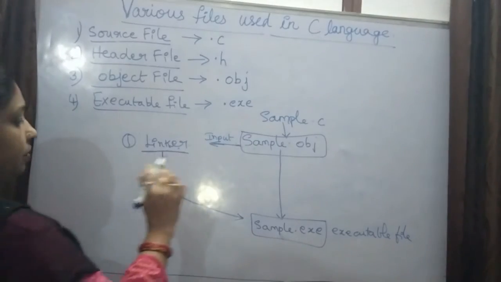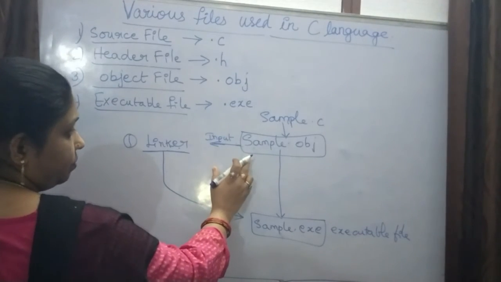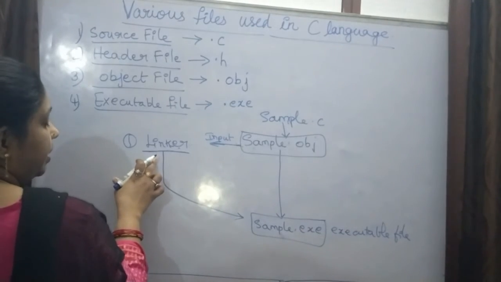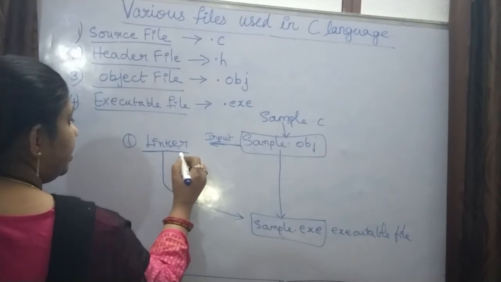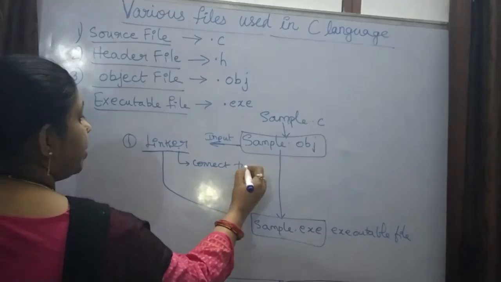Understood? You got the point? Now this sample.obj is the object file. This object file is taken by the linker and it will connect to the header files.